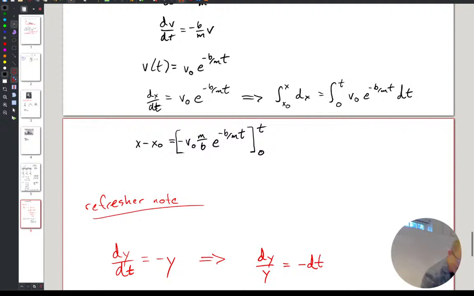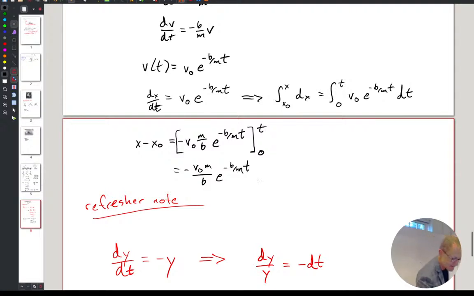When I evaluate at t, I have negative v0 m over b e to the negative b over m times t. What about the at 0?